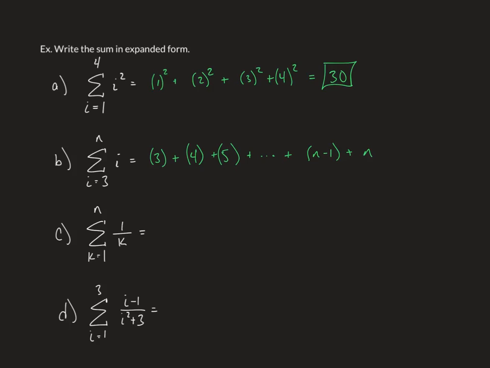A similar case here, we're asked to evaluate the function 1 over k, beginning with when k equals 1. And remember, this is a good example of the index variable not having to be I all the time. Sometimes it may be x or n or k or something else. So the first thing that we're plugging in here is a 1. And then I'm going to plug in the next integer after 1, right?